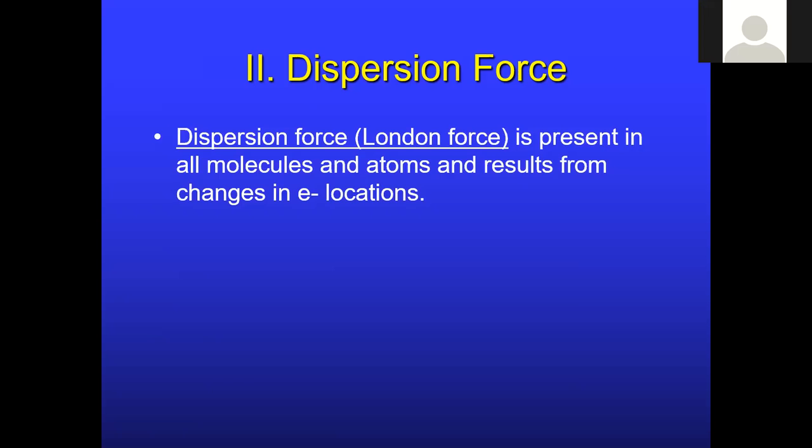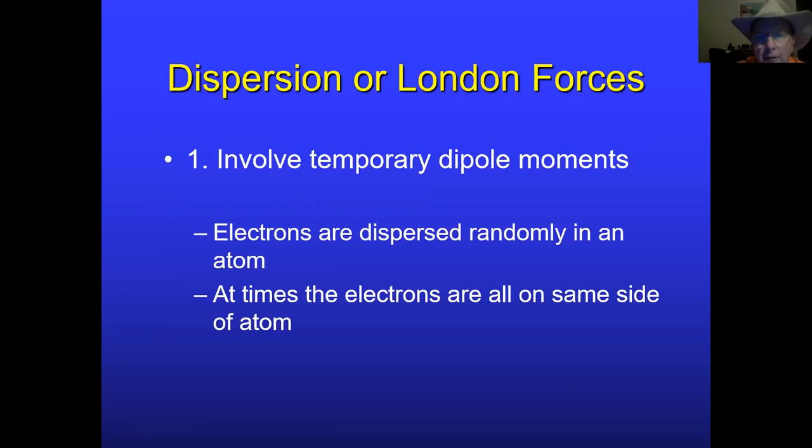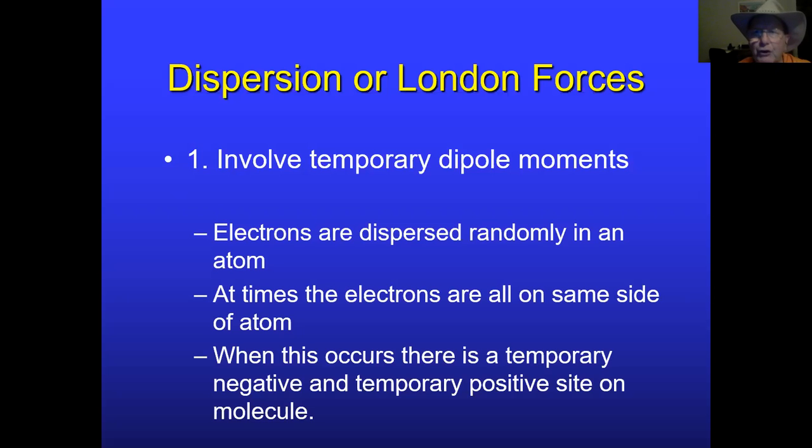Yeah. So what dispersion or London forces use are temporary dipole moments. In other words, temporary situations when the electrons are on one side and not the other. So since the electrons are randomly distributed, there is an occasion when they're all going to be on one side. When this occurs, we have a temporary charge.